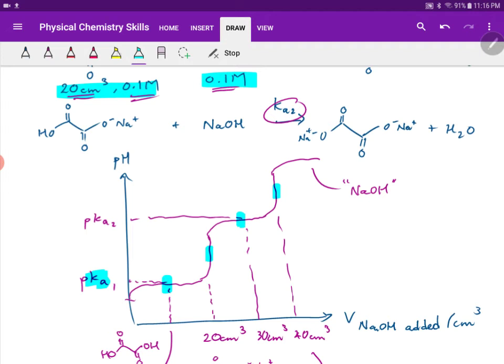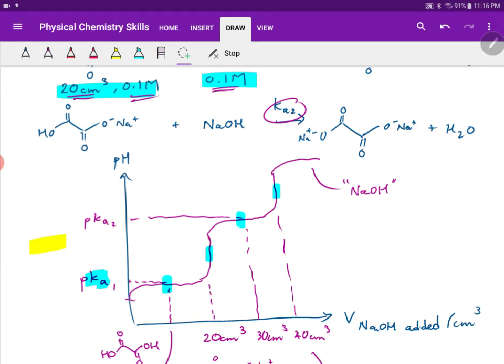So we can simply look at the pH level of this graph. Let's say the pH is here, we know that we have mostly this product over here. If the pH level is somewhere here, we predominantly have a mixture of these two. So it depends on what pH the system is currently at, which will tell you what species are present.